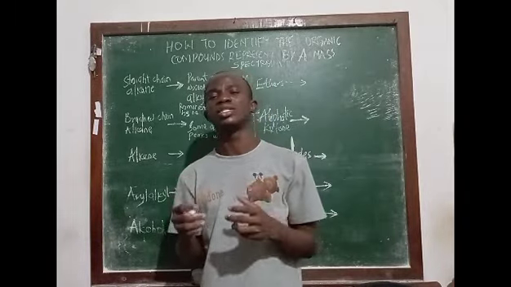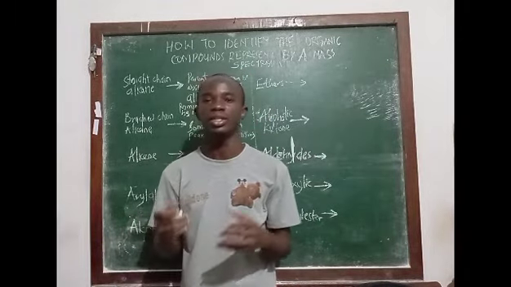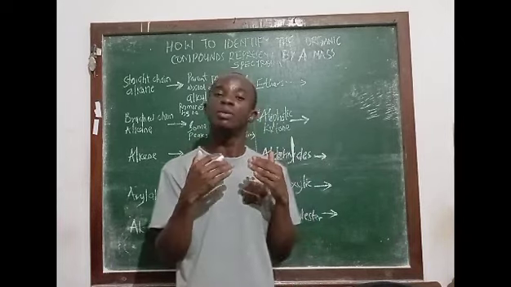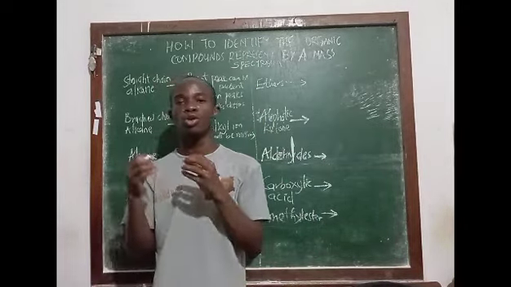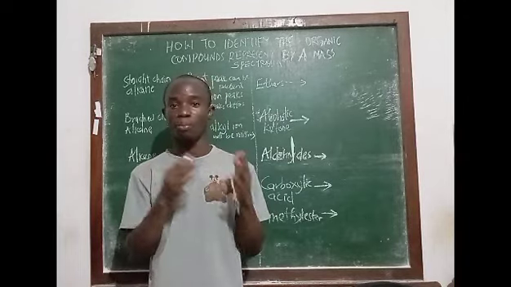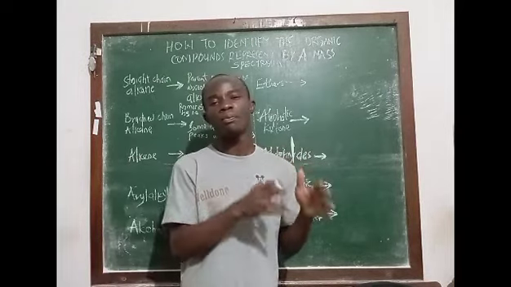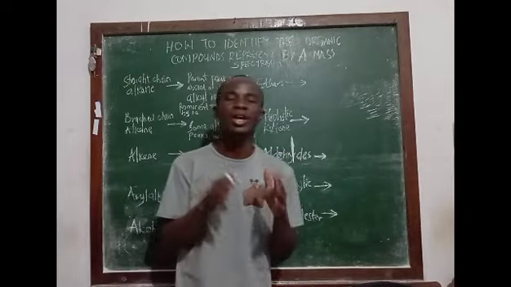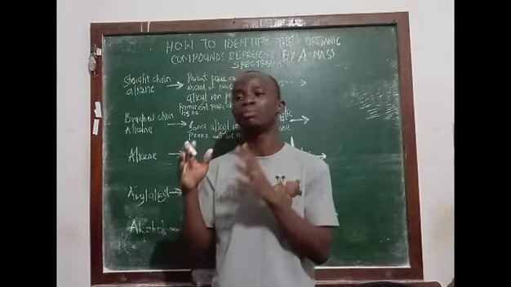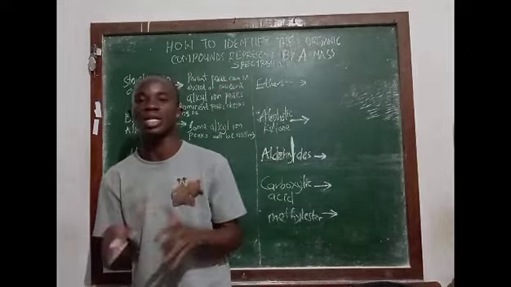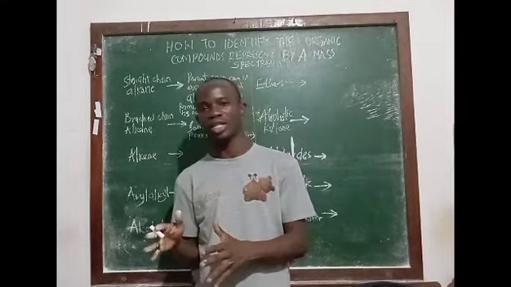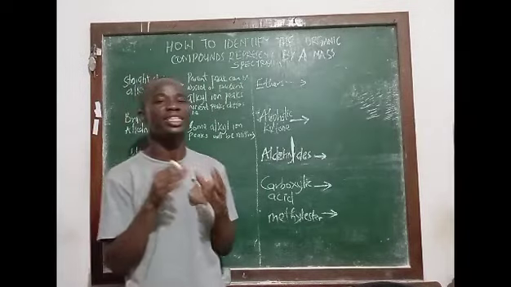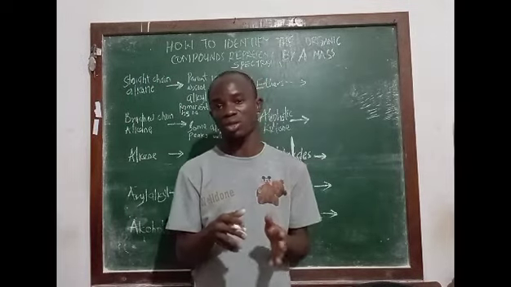Another thing is that in a branched chain alkane, the molecular ion peak, or the parent peak, can be absent or present. But comparing a straight chain alkane mass spectrum to a branched chain alkane mass spectrum, the rule is that the more branched an alkane is, the lesser the tendency to see the parent peak in the mass spectrum of that particular alkane.